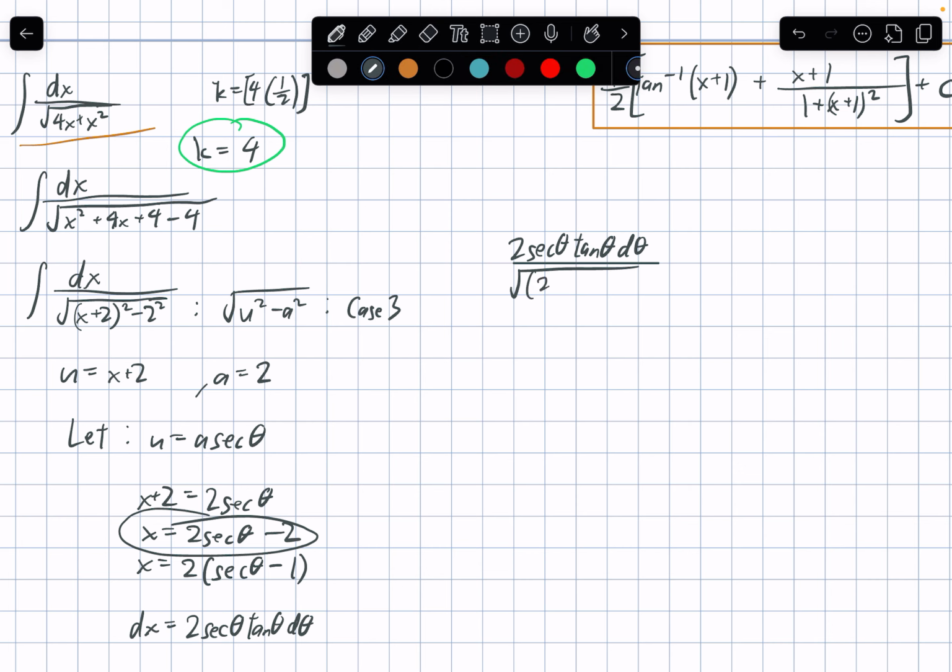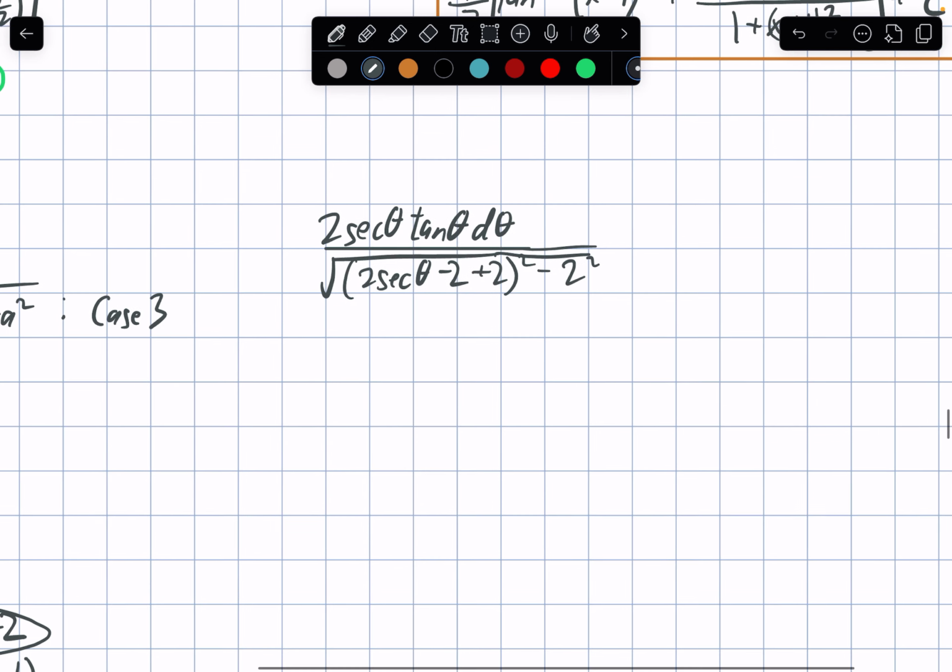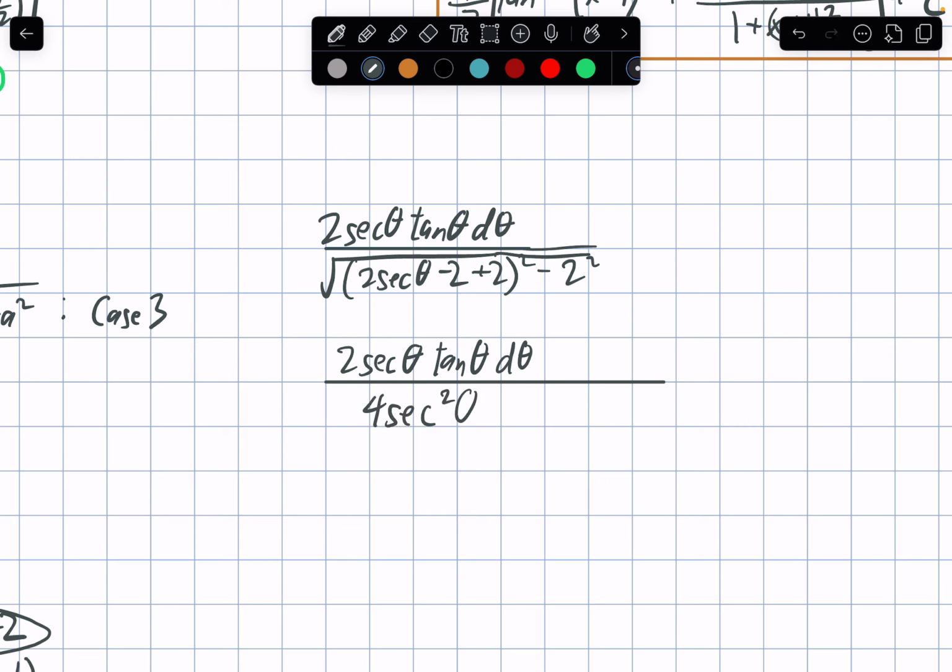X is 2 secant theta minus 2 plus 2 squared minus 2 raised to 2. Okay, we're basing on this. We can cancel these. So we have 4 secant squared theta minus 4.